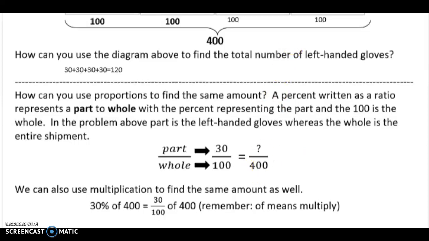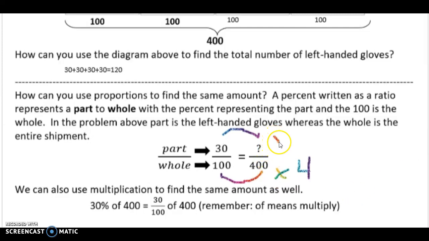Well, we need to figure out how to go from 100 to 400. And to do that, you multiply by 4. So that didn't turn out very well because of the color. I'm sorry. You multiply by 4. And if we multiply the bottom by 4, what do we multiply the top by? 4.